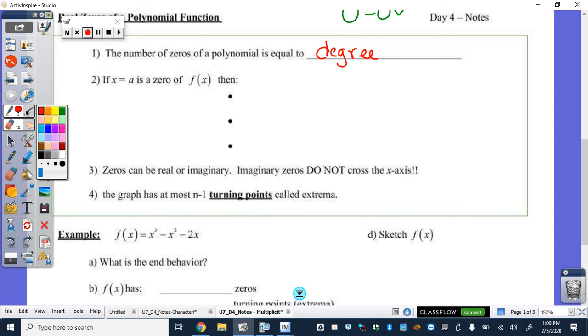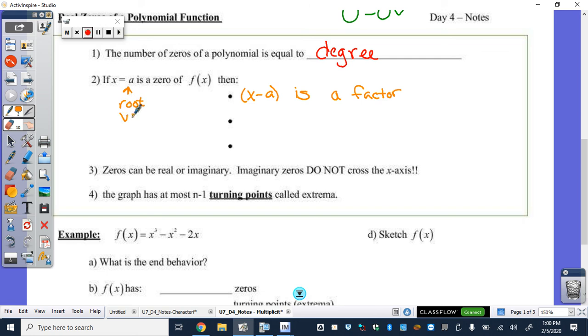So if x equals a is in fact a 0 of the function, then things we know are that x minus a is a factor. Remember, we were referring to this as the root value. So changing the sign of it and putting it with x, that's the actual factor.